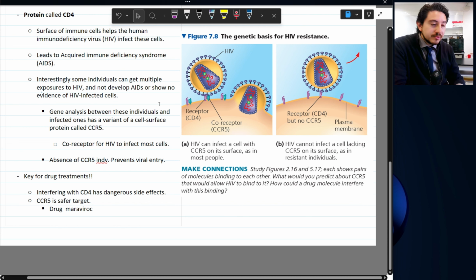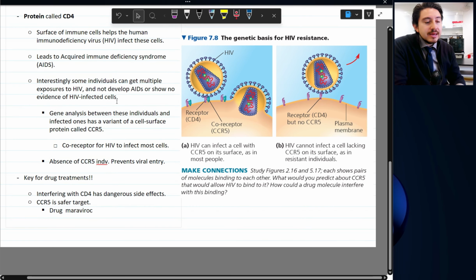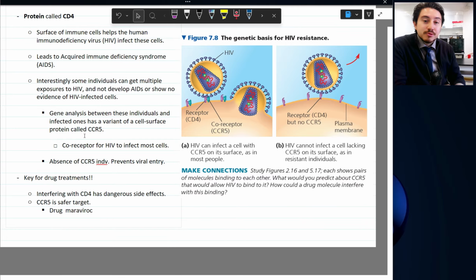But they also needed another co-receptor to bind to, which is CCR5. So gene analysis between these individuals and infected individuals showed a variant of a cell surface protein called CCR5, and it was a co-receptor for HIV to infect most cells.